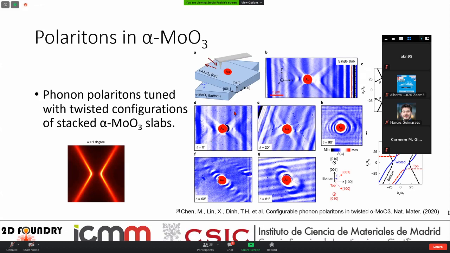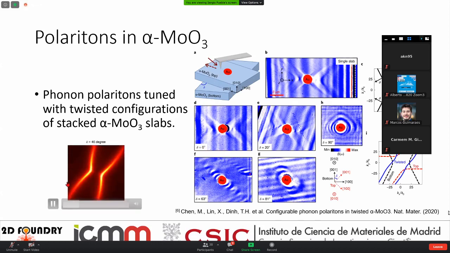They change the angle of the two slabs, and you can see the difference in dispersions as you change the angle from 0 to 90 degrees. And they also made this calculation.